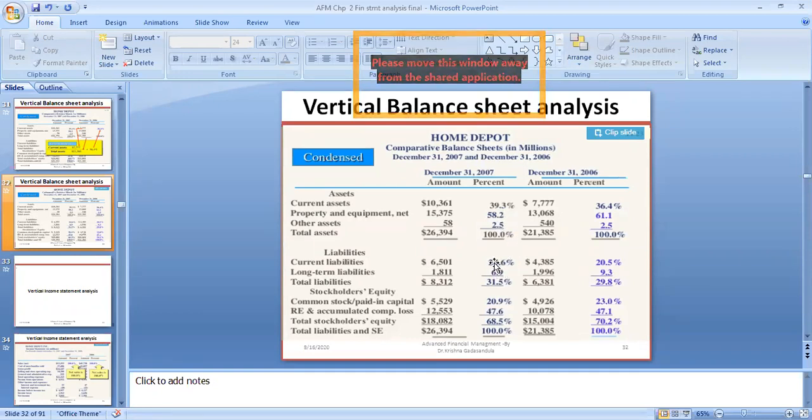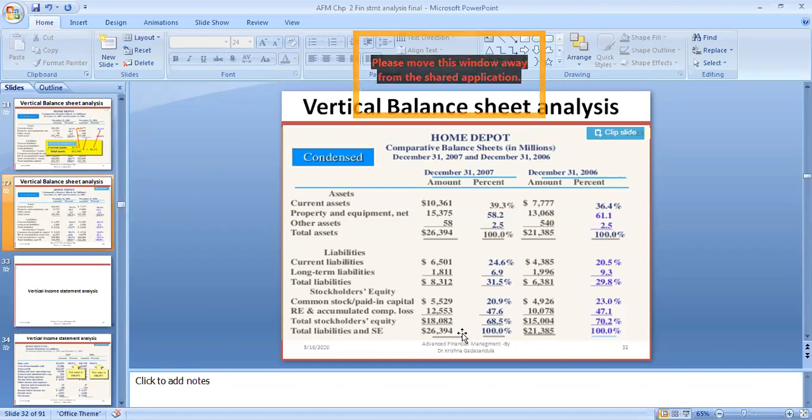Like this, current liabilities 24.6%, and current assets 39%. So current assets are more than the current liabilities percentage. So it's a good sign, the company is doing well. They have enough current assets to pay current liabilities. So like that, we can have an analysis and interpretation for each and every component which we calculated under vertical analysis.